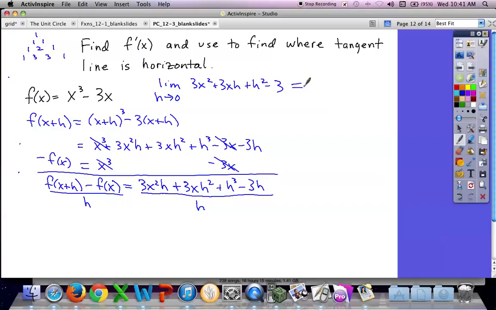Okay, so by direct substitution, what do you get? Right, 3x squared minus 3. When I do direct substitution here and here, those terms go to 0. So 3x squared minus 3. Okay, that is f prime of x.